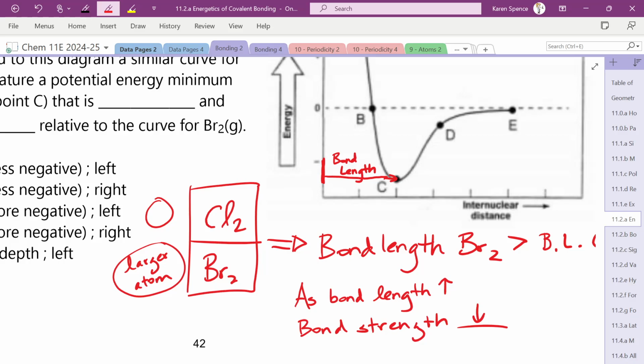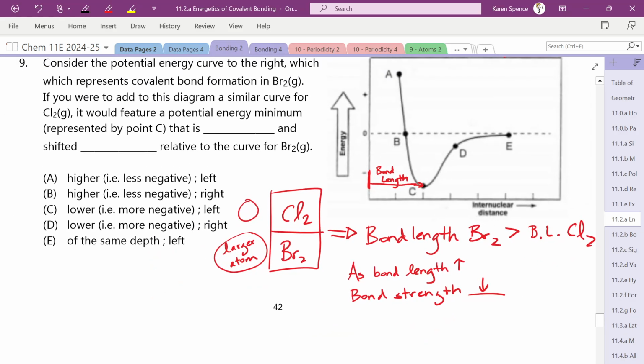Yes? Okay. What you can think of is that if we had Cl-Cl, and we've got our nucleus and our nucleus, and we've got our shared electrons in between. Maybe I should draw them in between.